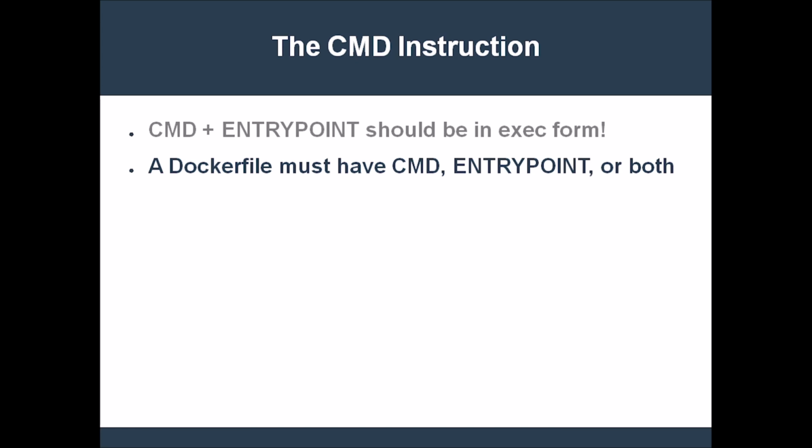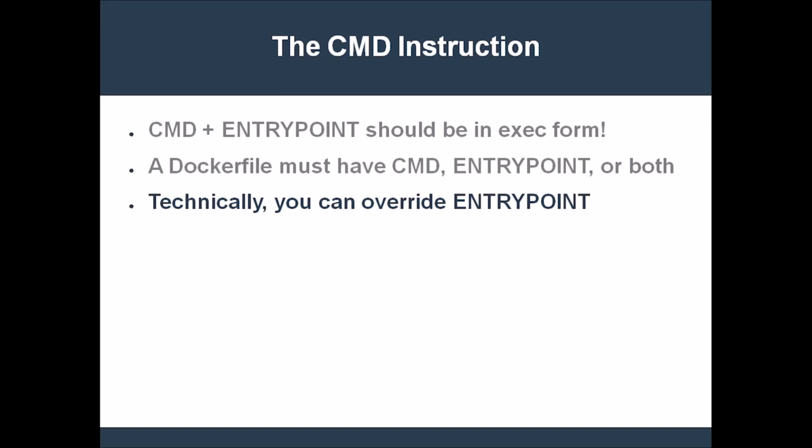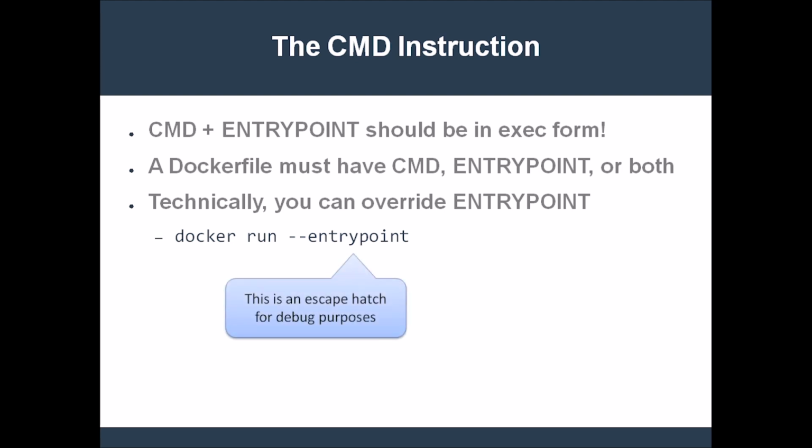But no duplicates, i.e., you shouldn't have multiple CMD instructions or multiple ENTRYPOINT instructions. You can override the ENTRYPOINT instruction if you absolutely have to by tacking on the entrypoint flag to the run command. Basically, this option is there for you for debug purposes. That covers the CMD instruction.